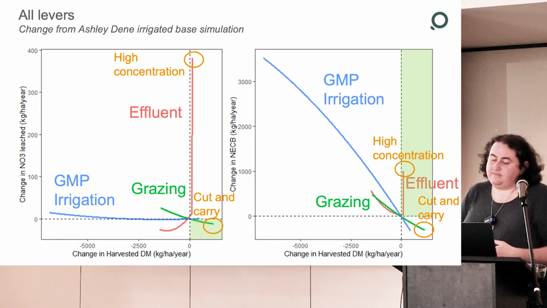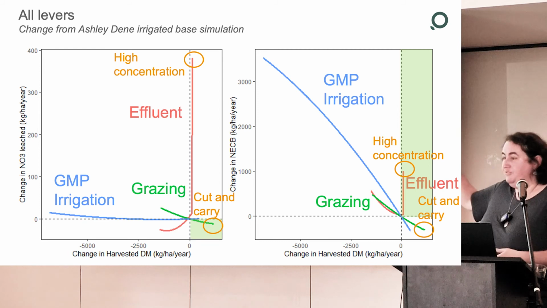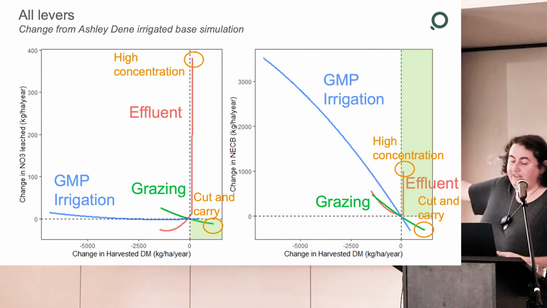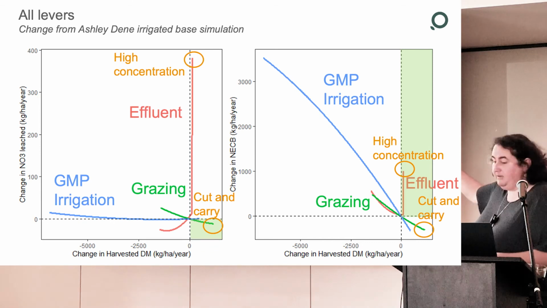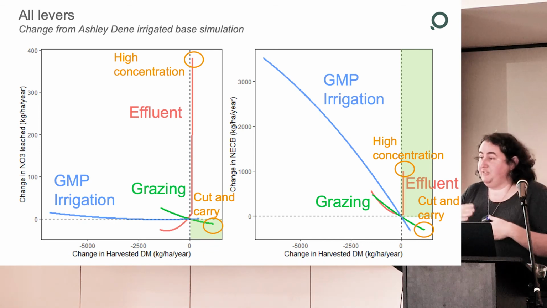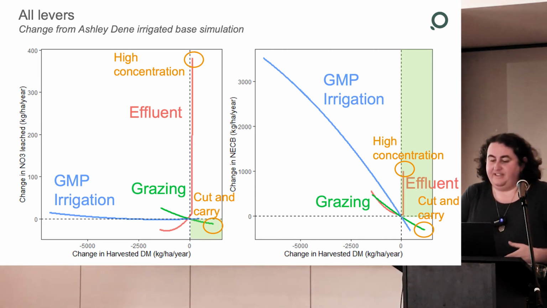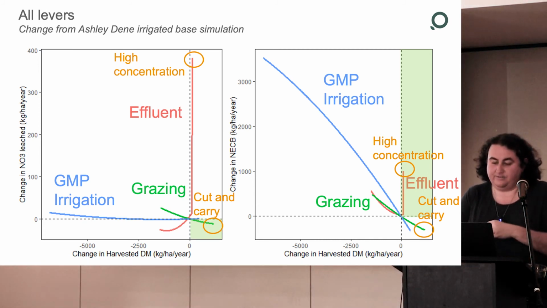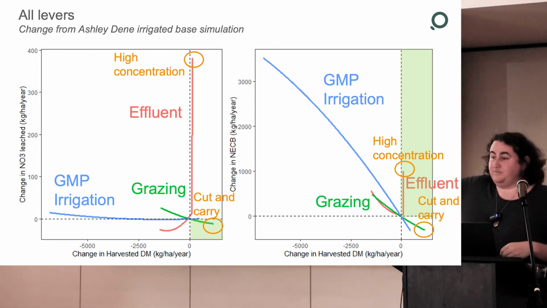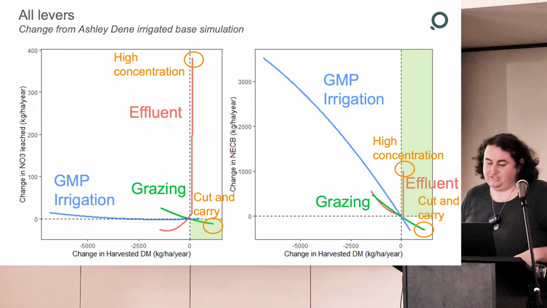But if you look at it the other way around and say, well, we're looking to not have a production impact, but also increase our carbon, you might want to look at applying more effluent or greater concentration. But conversely, in terms of nitrogen, that then increases leaching.